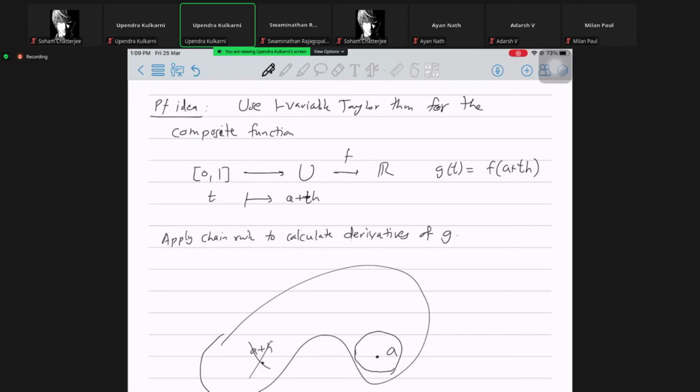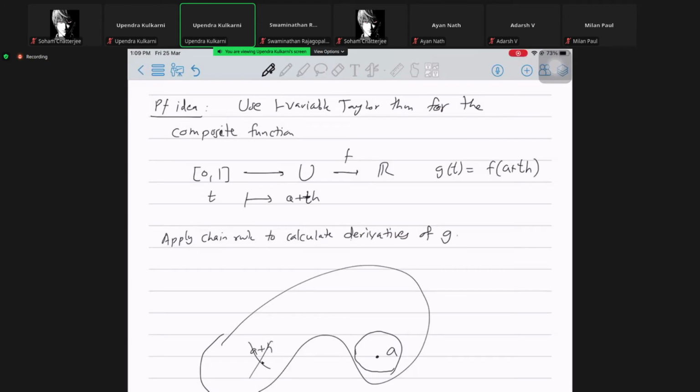All right. So next time, essentially what we have done is the proof of this theorem. Now it is your job to see how to apply this to calculate this derivative. Because we wrote down the one variable Taylor's theorem, and by taking this composite of a line with the given function, we are reduced to that situation.